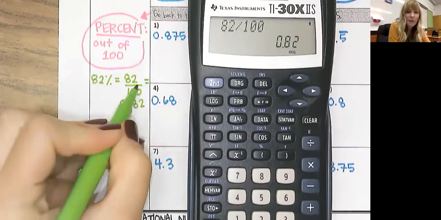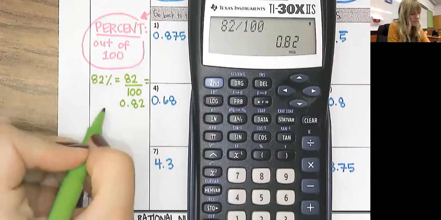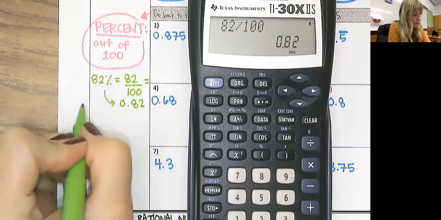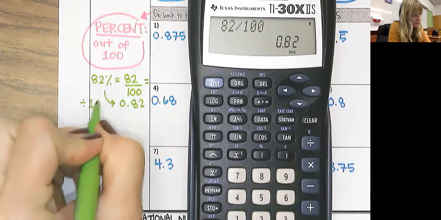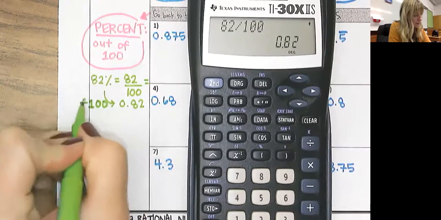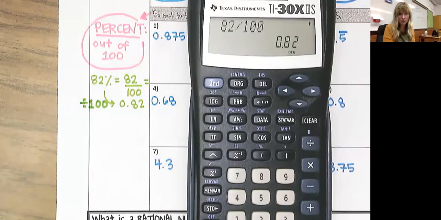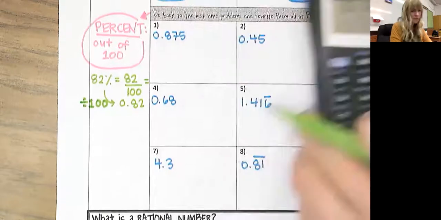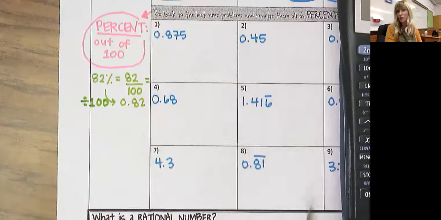So to get from the percent to the decimal, really what happened here is divide by 100. That's really what happened, because percent means out of 100, which makes it a fraction, which makes it a division problem.